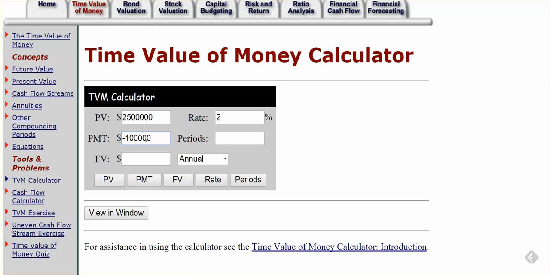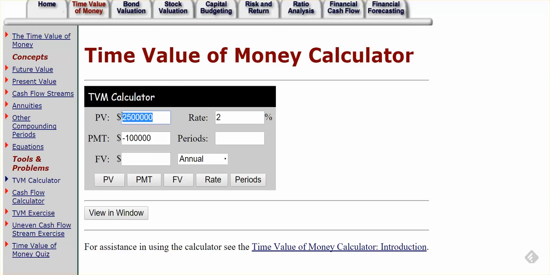Remember, when I'm solving for either of these two variables, rate or period, I have to have a sign change. At least one positive number and at least one negative number. I don't have a future value in this particular problem, so I can leave it blank. Basically, I'm assuming if you leave it blank, it presumes your input is 0. That's probably what it's doing.